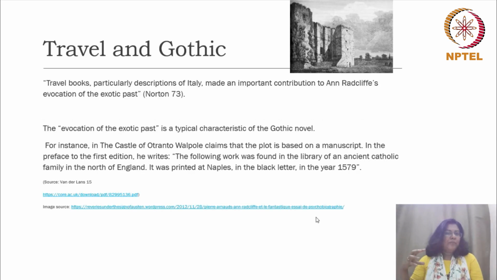Now, travel books, particularly descriptions of Italy, made an important contribution to Ann Radcliffe's evocation of the exotic past. So this is a crucial idea, the relationship between Gothic and travel and the idea of the past.